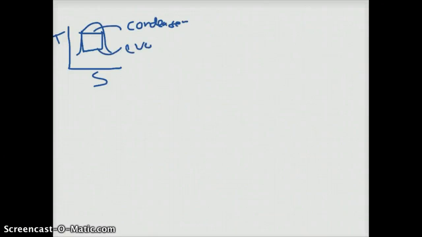In order to find that, it would be easier to draw a Carnot cycle, which looks kind of like this. This is for our condenser. This is our evaporator.